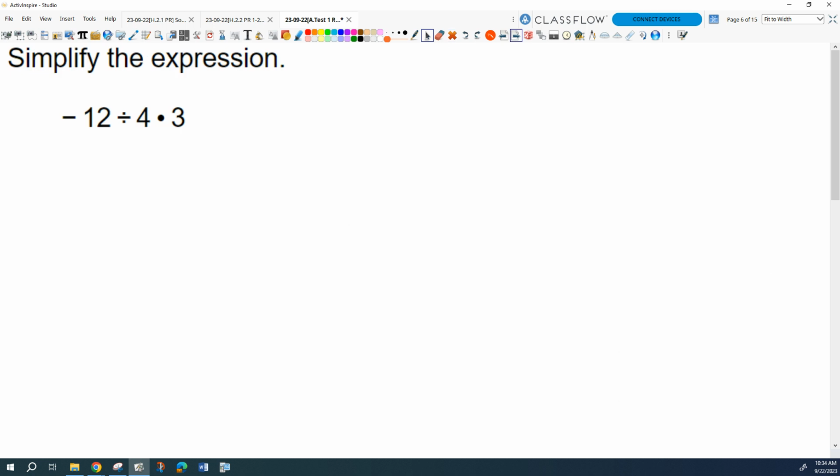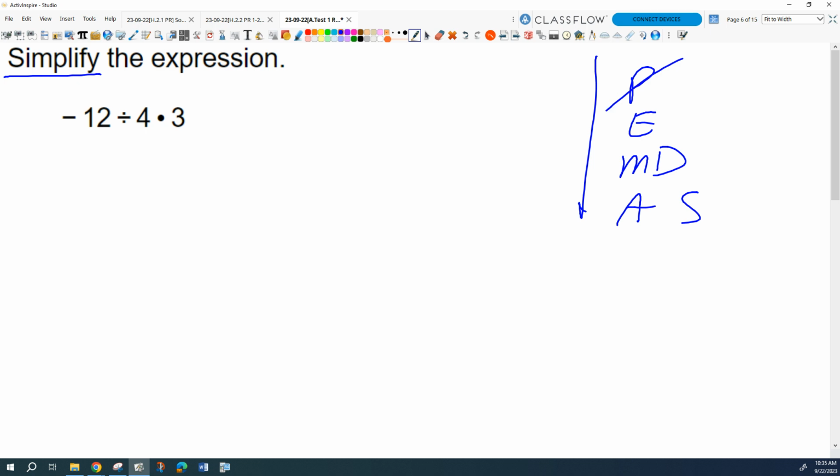Okay, this is really simple, but sometimes people have trouble with this. If you're not sure how to simplify, I would highly recommend, on the test especially, on your paper, write down PEMDAS, right? So what am I doing? Is there any parentheses here? Nope. Any exponents?